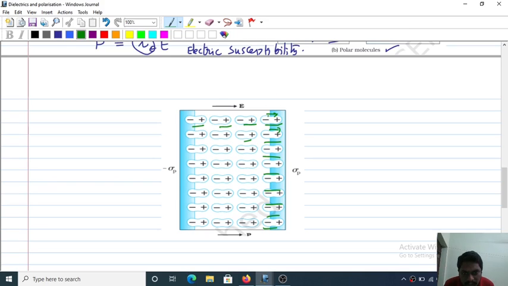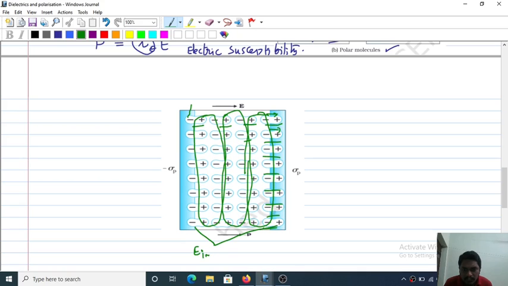But when you see this arrangement, the positive and negative charges are close to each other, so the net charge will be 0 here, here also, and here also. Therefore we have charges only on the edges. That is why we see the induced electric field only due to these charges at the edges.